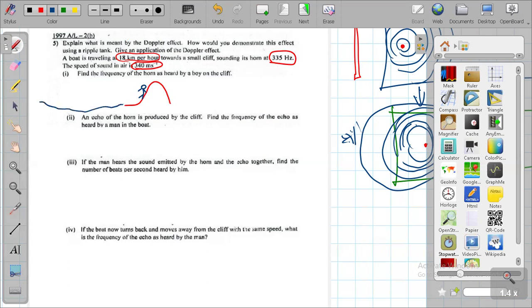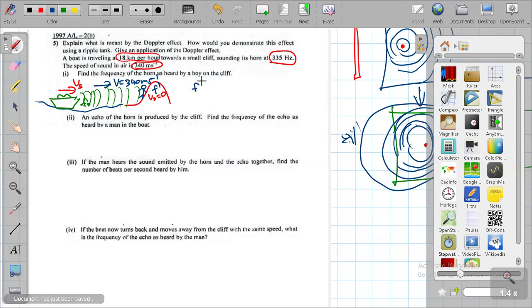The source emits a sound of f naught, moving at velocity v source. The observer's velocity is zero, he's just waiting over there. The speed of sound is 340 m s^-1. So he hears a certain sound of f dash.